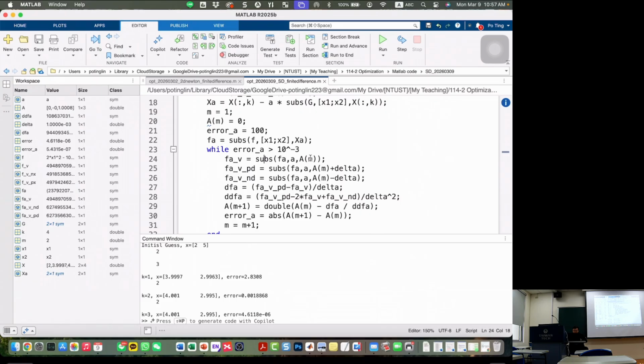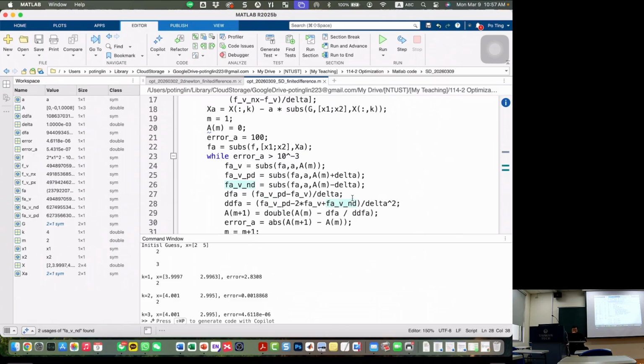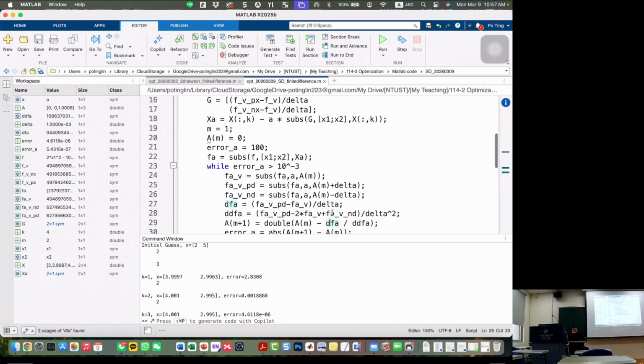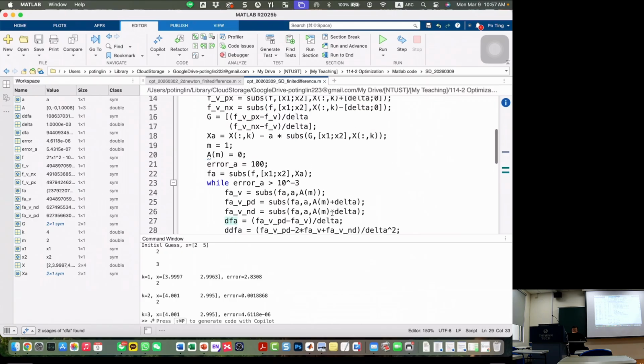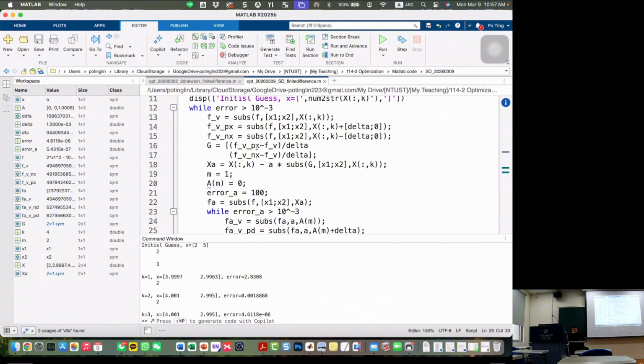Current A plus negative gradient plus negative delta.